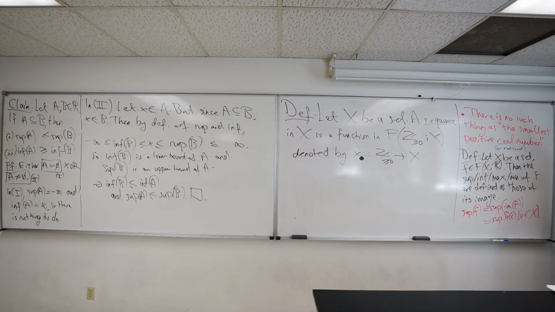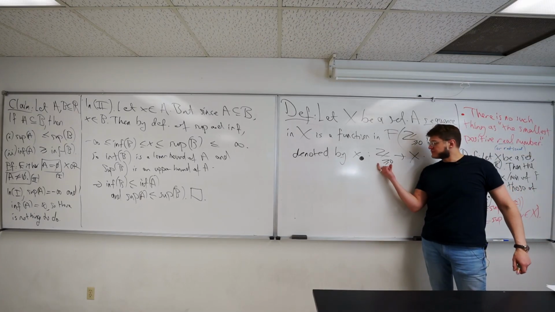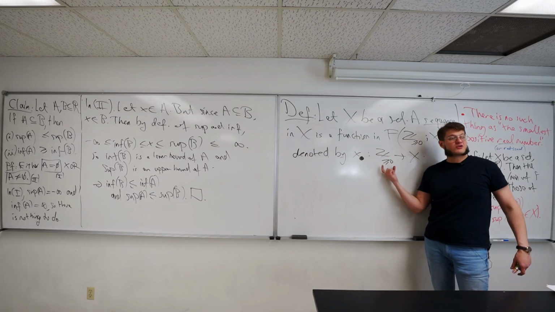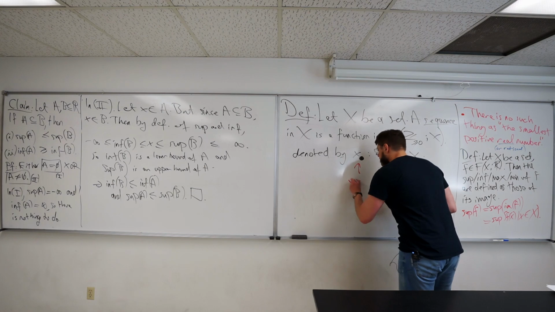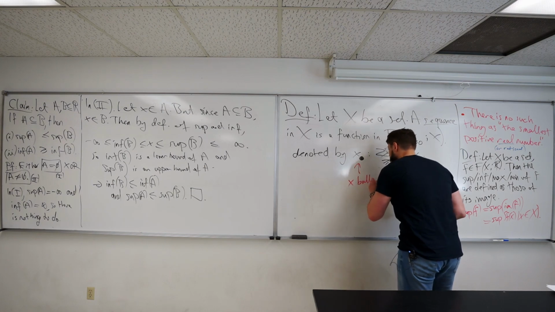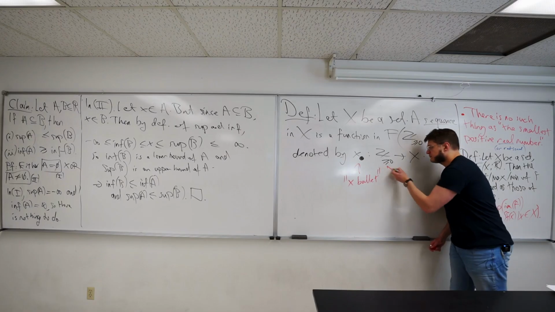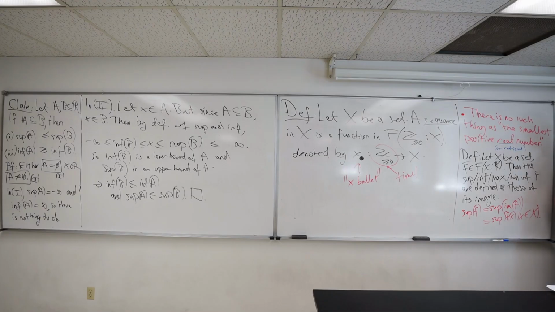This is going to be a special notation for us. I want you to think of the input space, specifically for sequences, as your discrete time. So this is x bullet, and this is my time.